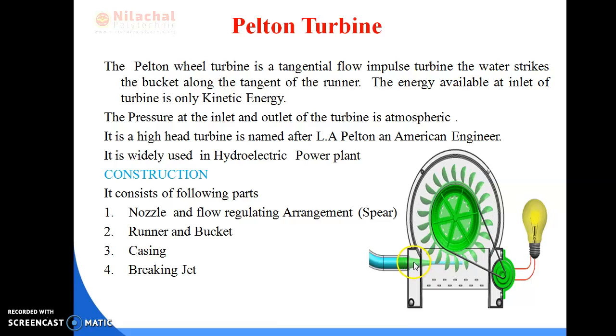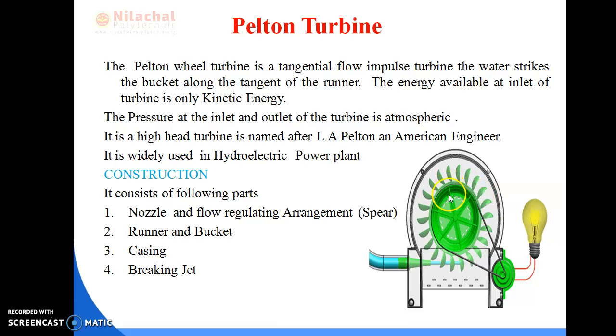This green part is known as the nozzle. This blue color is the jet of water. These curved plates are known as buckets, and this middle circular part is known as the runner. Here the mechanical power is collected by means of a belt drive. We are getting the output power. This output power is utilized in lighting the bulb.